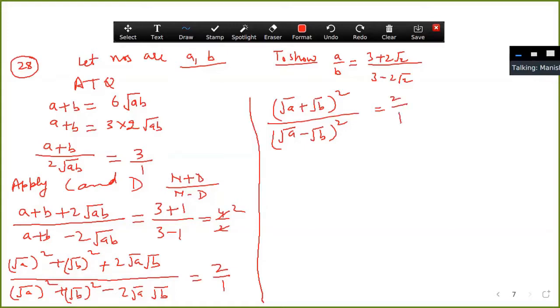Now if you eliminate this square, it means you have to take square root both sides. Taking square root, you will get root a plus root b upon root a minus root b equal to root 2 upon 1.